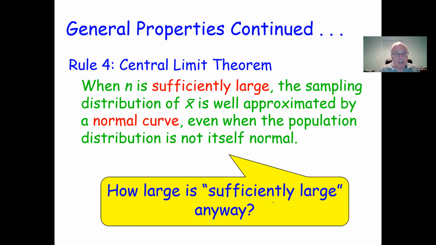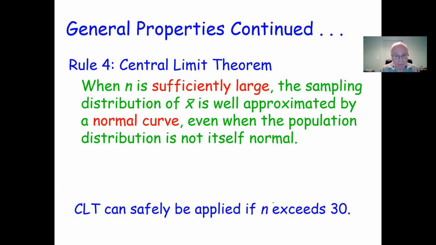How large is sufficiently large according to this? The central limit theorem says you can safely apply it if the sample size is at least 30. Now here it says exceeds 30, but if it was 30, I'd say go ahead and use it.